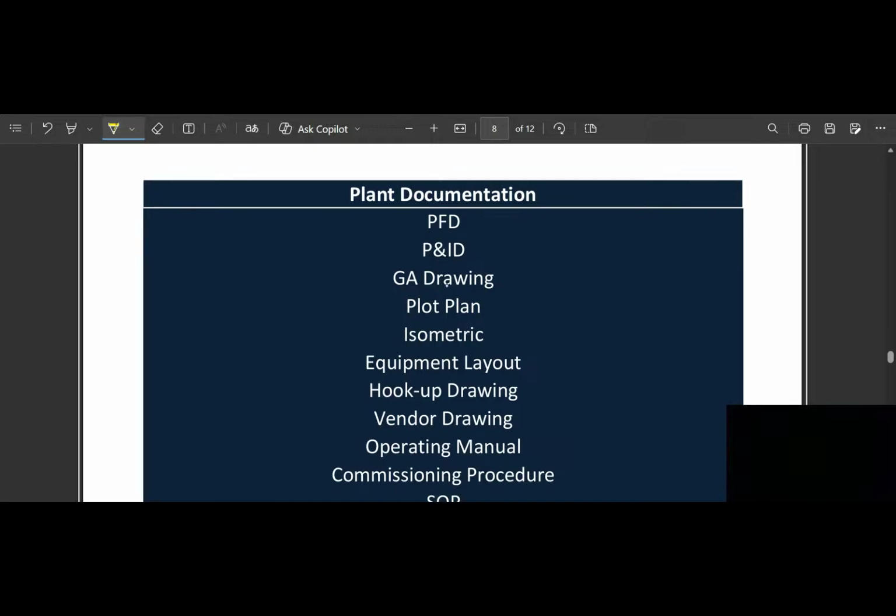As a process design engineer, what do we do? We work on PFD.